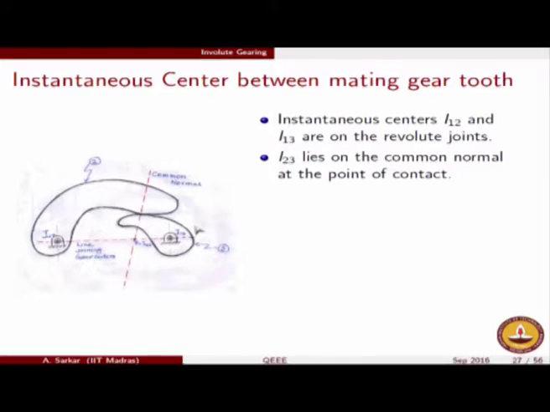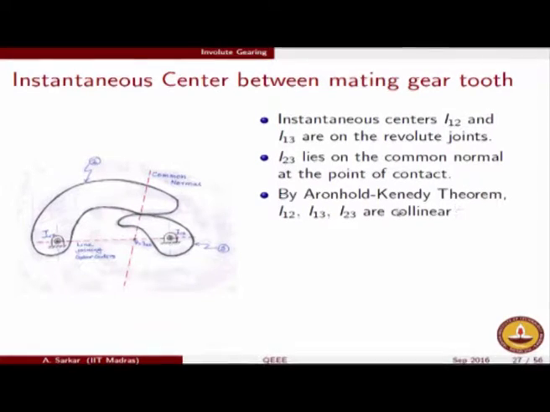If it is rolling with sliding, obviously the instantaneous center does not come at the point of contact, but nonetheless it has to be on the common normal. So at this point the only inference that we can make regarding the relative motion between body 2 and body 3 is that the instantaneous center is somewhere on the common normal. We do not know exactly where.